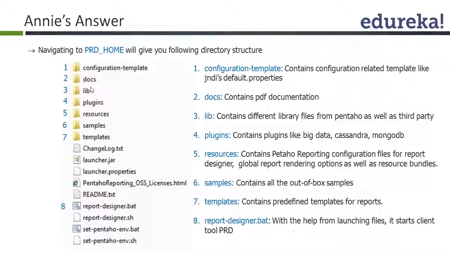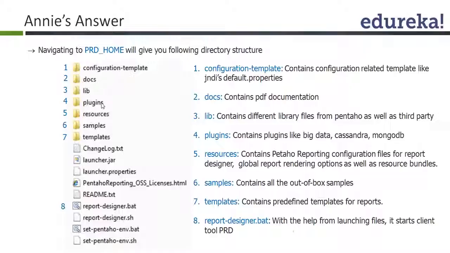Lib is where their jars will be placed. It contains different jars as well as third-party jars. Then plugins is where you can configure plugins. If you want to connect to big data or MongoDB, then they have different plugins, and those plugins need to be copied under the plugins folder, because each plugin will have its own set of properties.